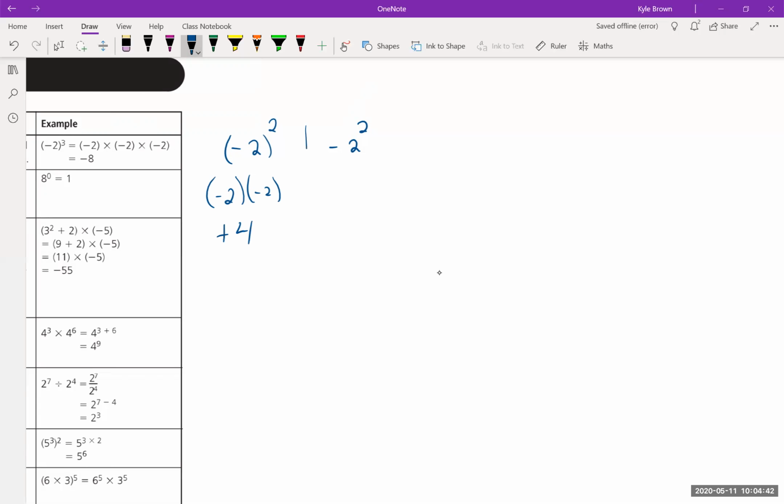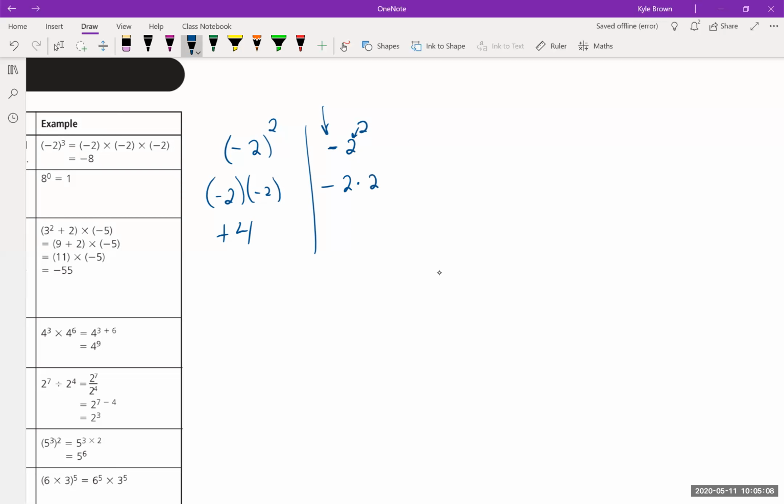Now, the other one, -2 squared without the brackets, means something different. That negative is just tacked on the front. The exponent is only applying to the 2, not the negative as well. So this would be written as negative, and then 2 times 2.